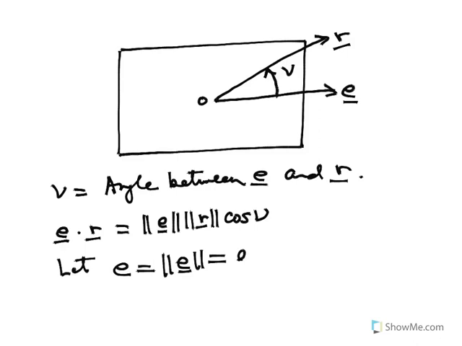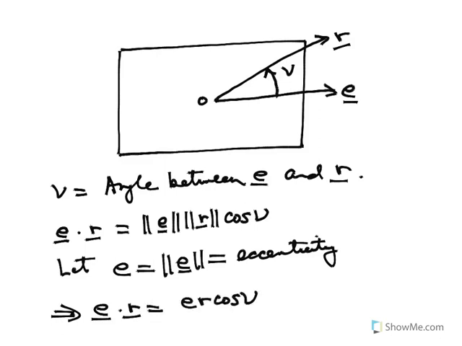This is what's actually called the eccentricity. It's a scalar, it's the eccentricity. Now we already have that the magnitude of R is equal to just R itself. So this gives that E dotted with R is equal to ER times the cosine of nu.